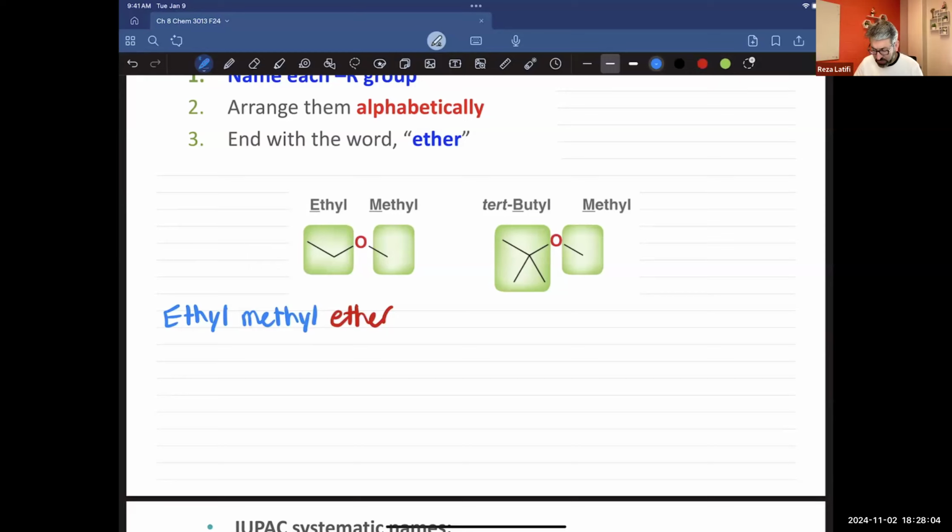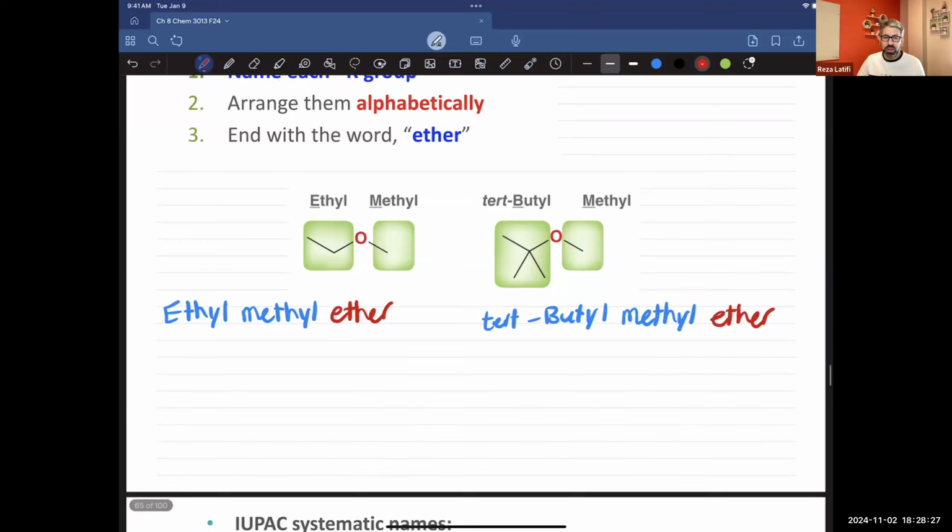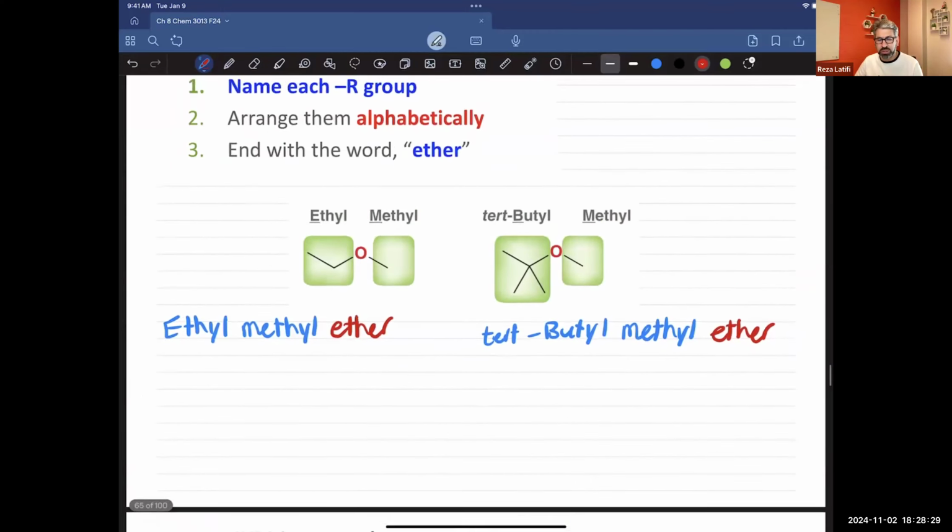Another one, we have tertiary butyl and methyl. Tertiary butyl will get priority because of the B letter, and then we have the methyl, and I will add ether to the end of the name. So it will be tertiary butyl methyl ether. And this is one method to name them.